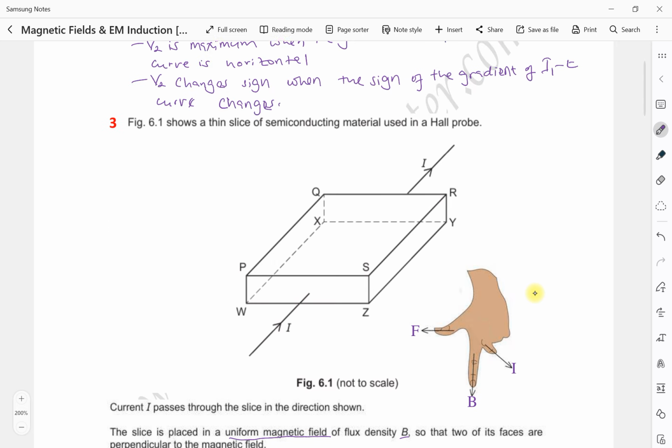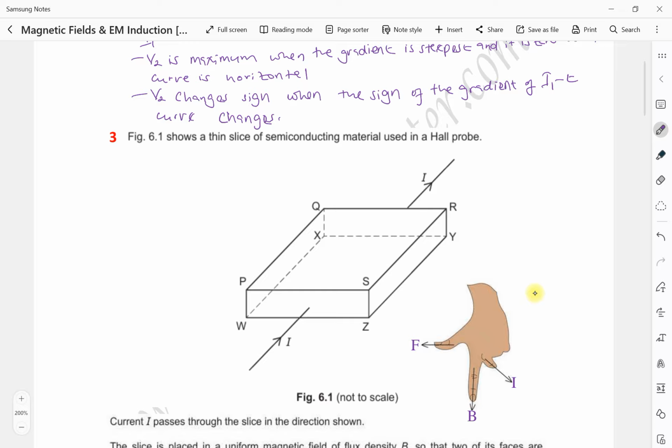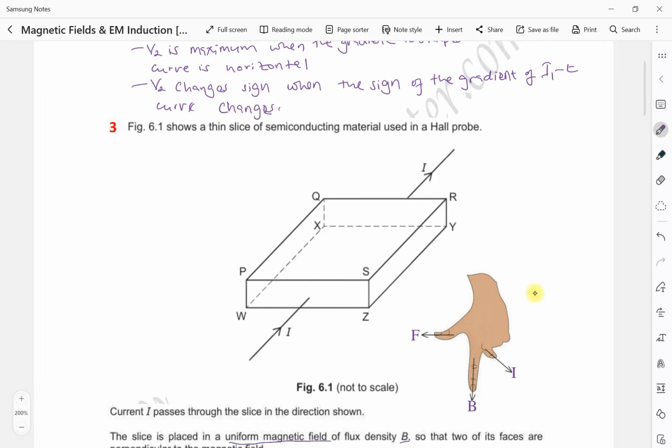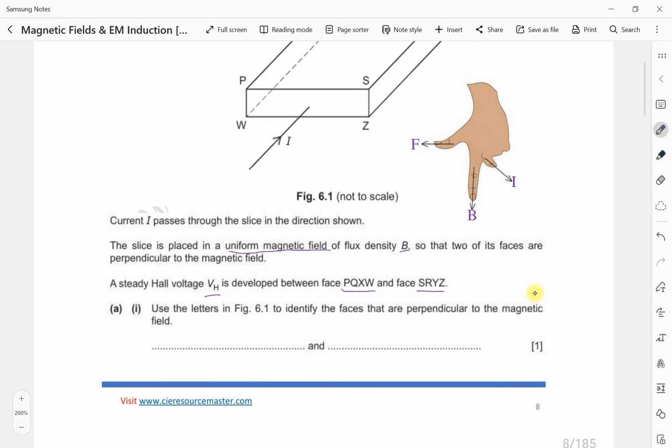Because they say the slice is placed in a uniform magnetic field of flux density B, so that two of its faces are perpendicular to the magnetic field.